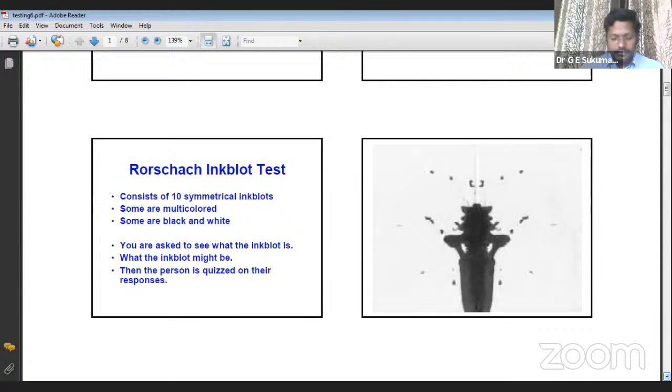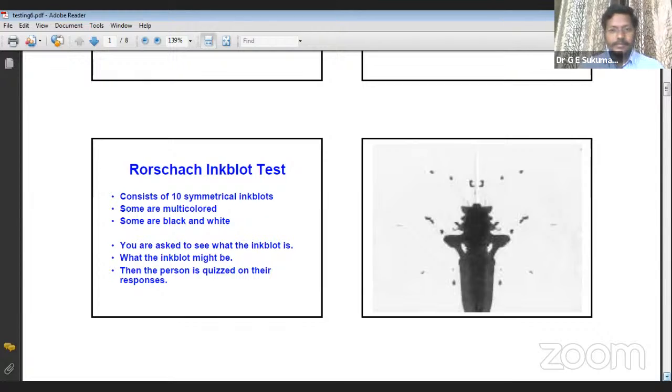As we already talked about, statements, items, item construction, and item pooling, how items are selected. So items or statements in written form are called inventories. The best example is MMPI, the Minnesota Multiphasic Personality Inventory.